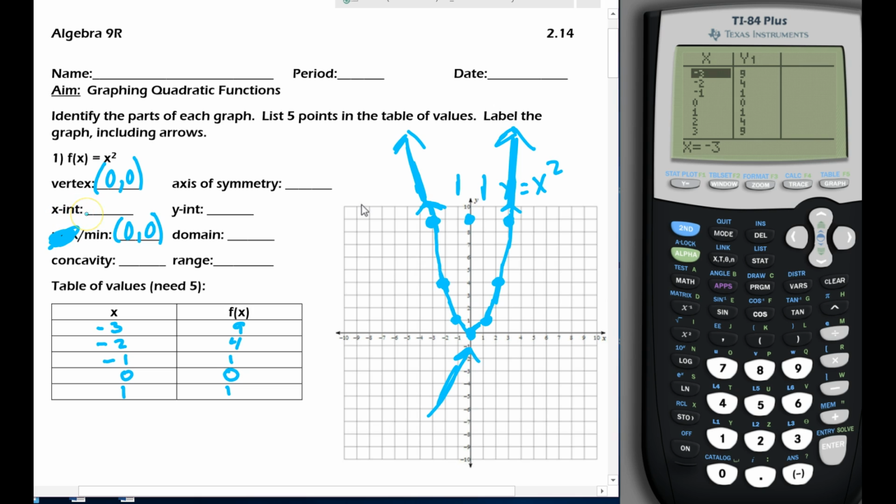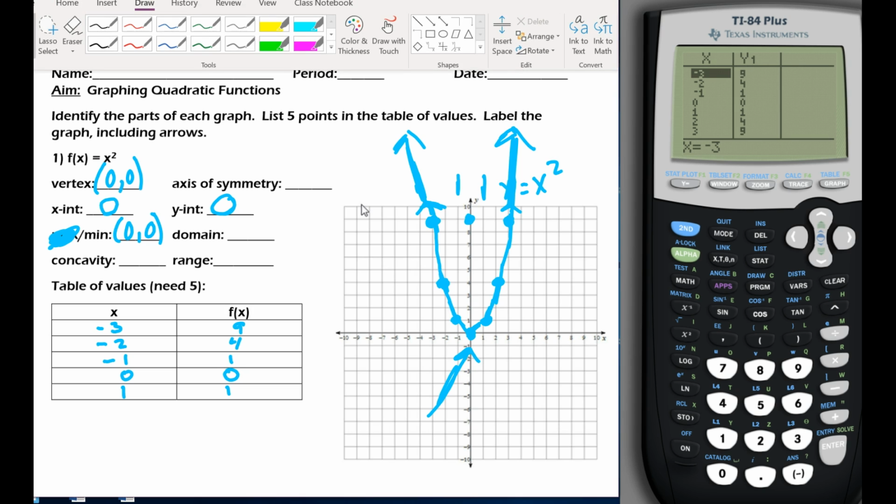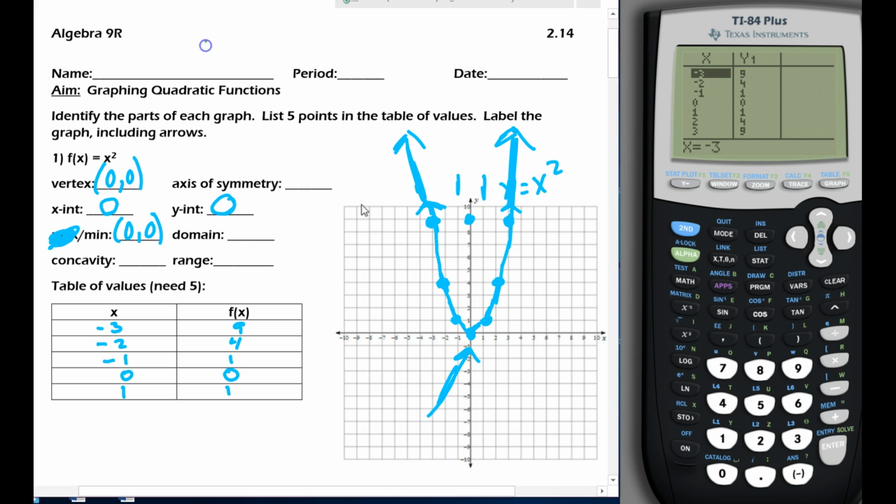The x-intercept I can find by looking at the x-axis and seeing where the function crosses. It crosses right there at the origin. So it's going to cross where the x-coordinate is 0, and the y-intercept too is 0 because it's at 0, 0. If I was then to take a dotted line, a different color, and draw that dotted line through the vertex, this would divide my parabola into two congruent pieces.